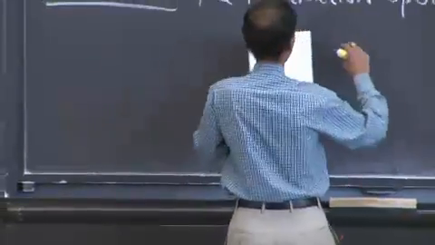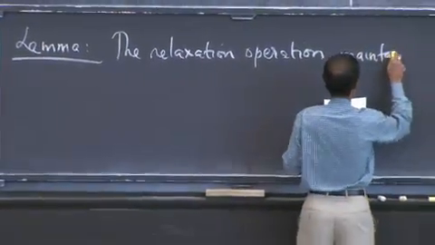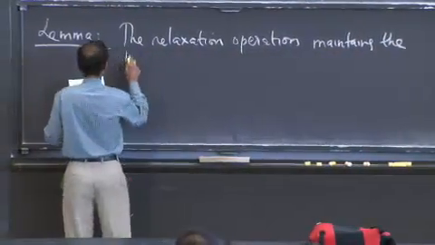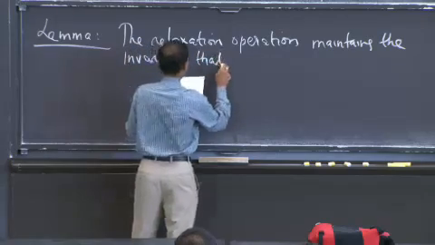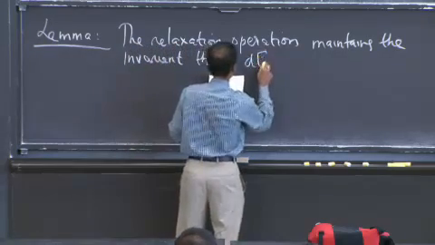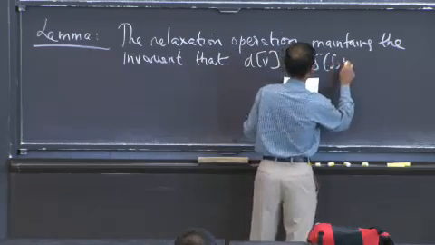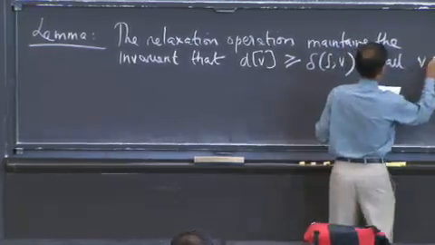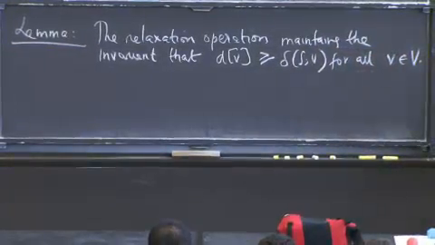Okay, so the relaxation operation maintains the invariant that d of v is greater than or equal to delta SV for all vertices. Okay? So that's a powerful lemma.